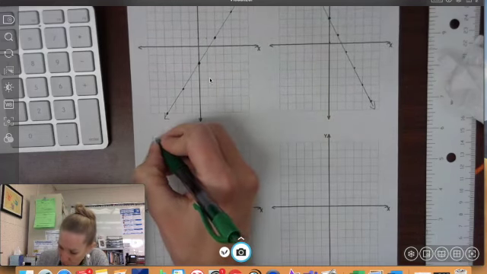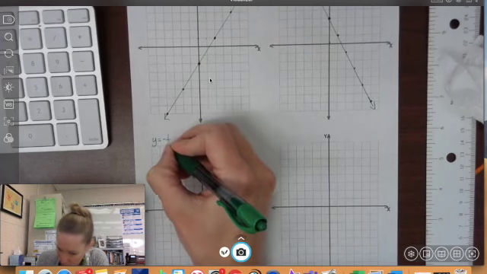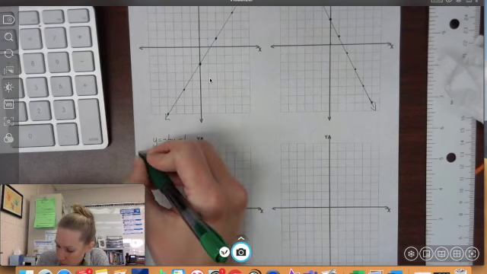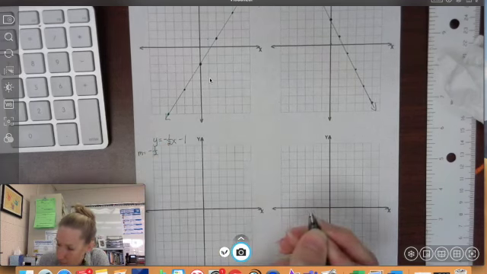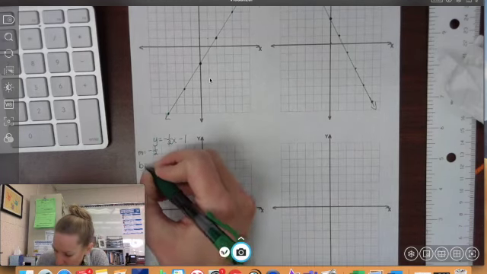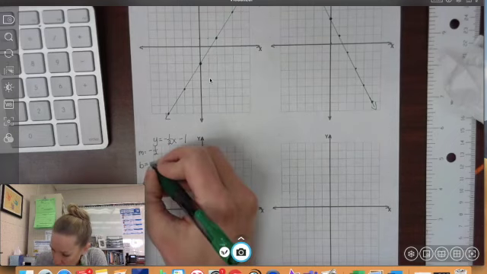We're going to do the equation y equals negative 1 half x minus 1. So my slope is going to be negative 1 half, 1 over 2, and my y-intercept is going to be negative 1.